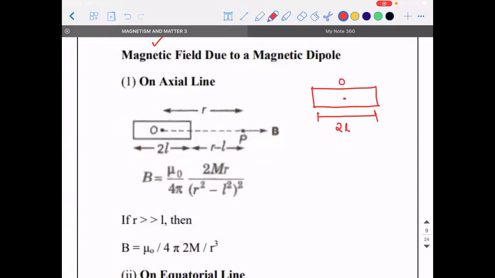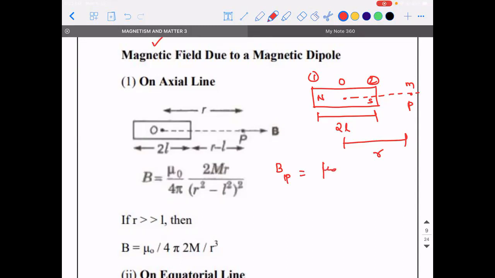If I take this point as O and this point as P, let me take this as the North Pole and this as the South Pole. At P, it is as if the North Pole of pole strength m is placed here. From the center to the point P, if I take this distance to be r, what is the magnetic field due to the first pole at point P?